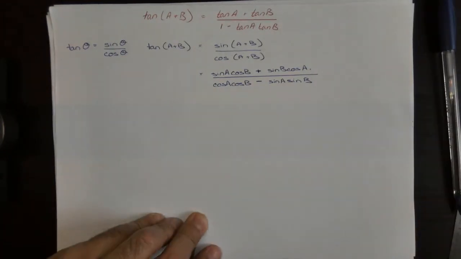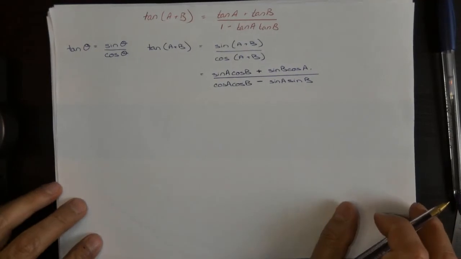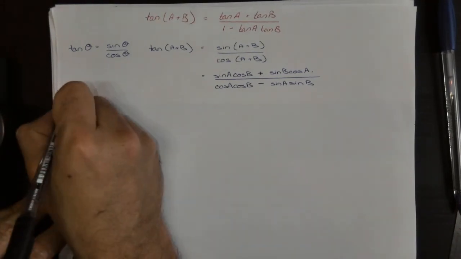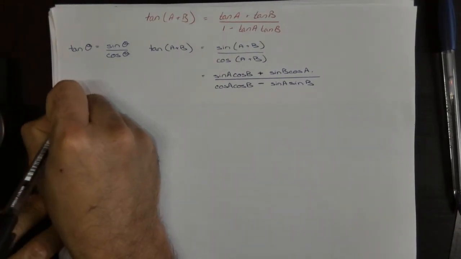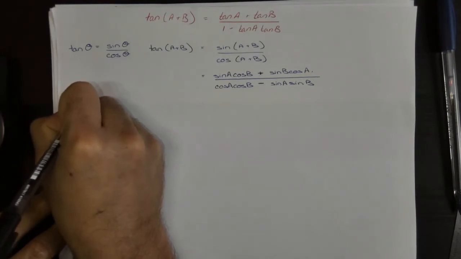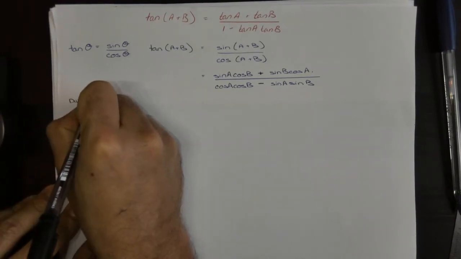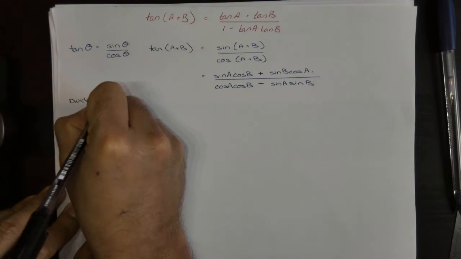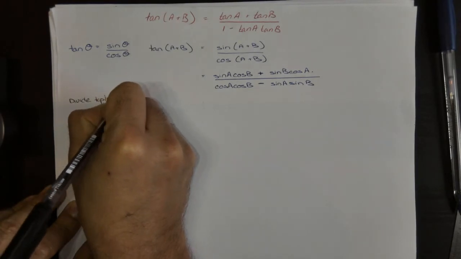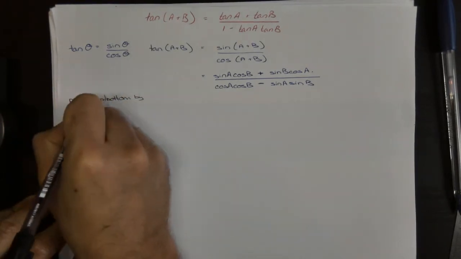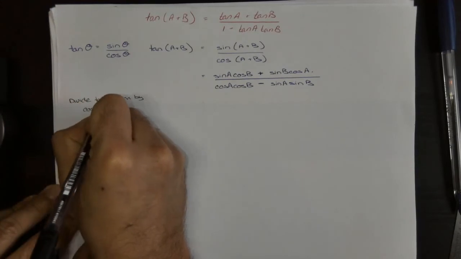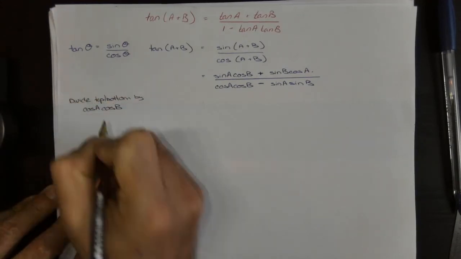So the question is, what would happen if we divide top and bottom by cos A cos B?